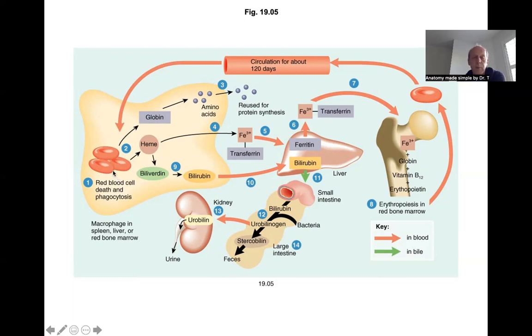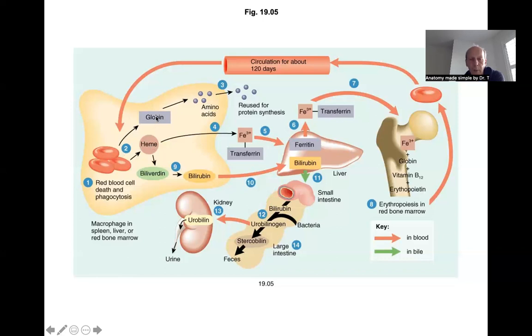And although the process of phagocytosis might be activated anywhere, specifically most of it within the spleen, liver, as well as bone marrow, we know that the product coming out of the red blood cell, the hemoglobin, is going to be immediately split into globin and heme-containing parts of the molecule.